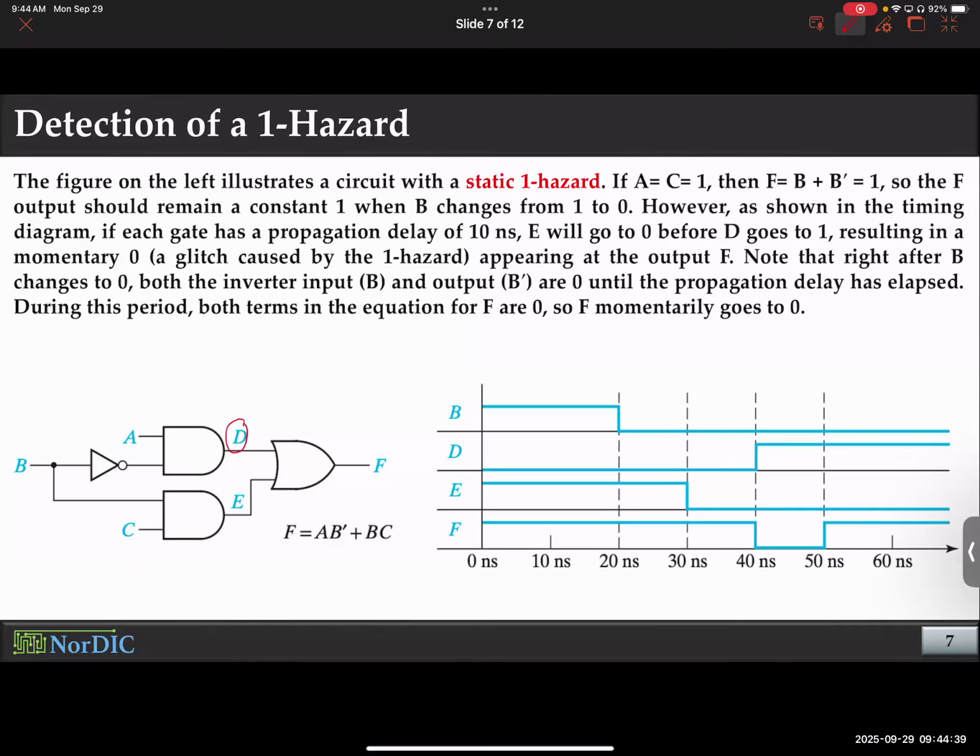So in this region, D is 0 and E is 0. What should be your output for that particular time frame in this situation? Output should be 0. Do you guys all agree? Okay, output should be 0. Although I just told you, your output is set in a way that it is always 1. It should never be 0.